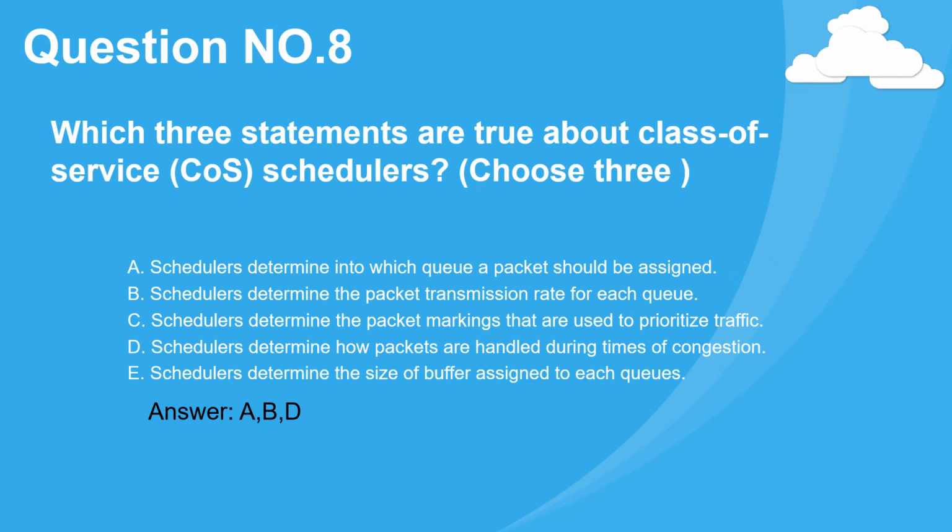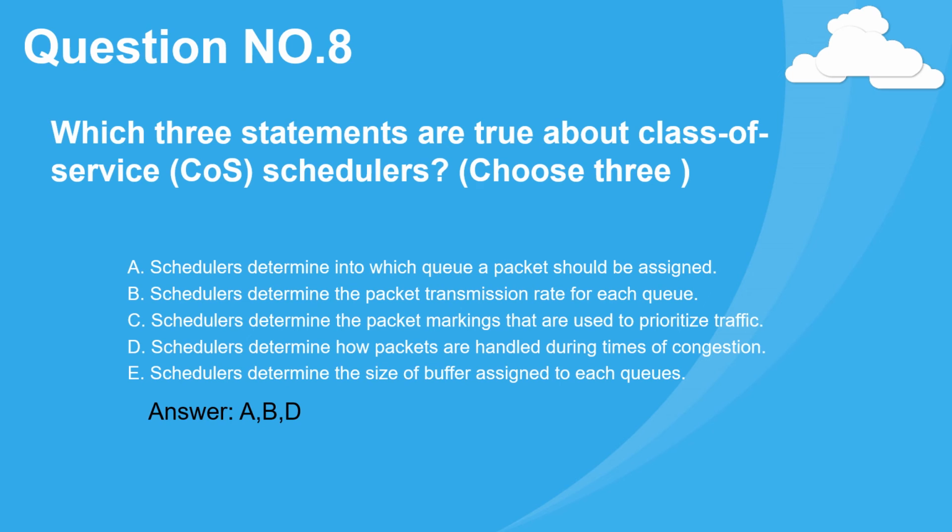Question number 8. Which three statements are true about class of service, CoS, schedulers? Choose 3. A. Schedulers determine into which queue a packet should be assigned. B. Schedulers determine the packet transmission rate for each queue.